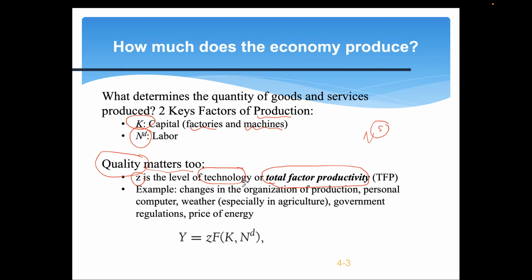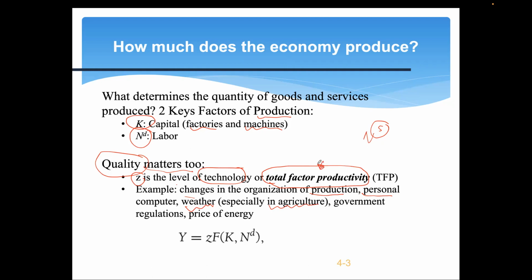Examples of total factor productivity, or the level of technology, are as follows. Maybe there's a change in the organization of production. For example, you have a personal computer. But weather also matters. This is especially important in agriculture or in the mining sector. Government regulation is also part of total factor productivity.